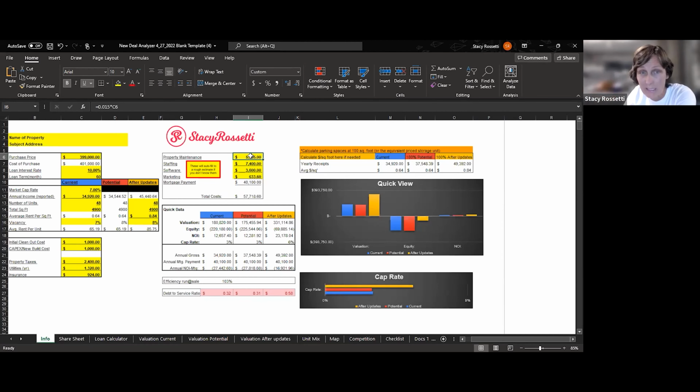We're guesstimating that this property probably takes about $6,000 to maintain with the boots on the ground person and all the repairs and everything. Now that's based on our formula that we use internally, which is equals 0.015 times C6, right? C6 is this purchase price.